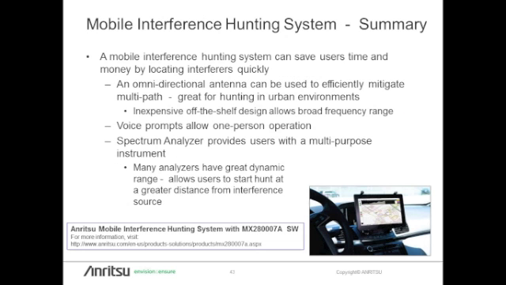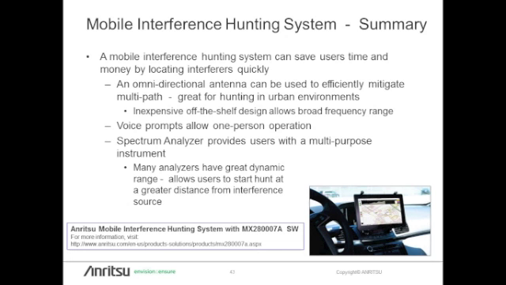So to summarize, the mobile hunting system can save users time and money. It's very efficient in locating interferers, from all the steps right up to pinpointing the interferer. You want to find out whether it is interference, approximate the interferer position, and do the hunt with a one-person operation, very efficiently, with the off-the-shelf magnet antenna and voice prompts.